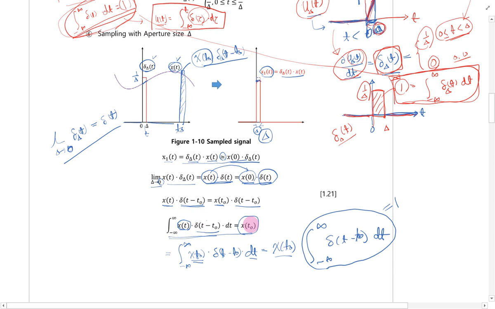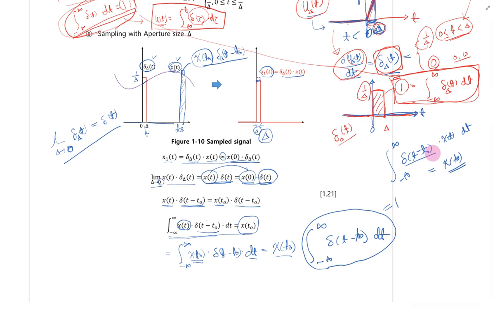If there is any delta function like delta(t minus t0) times x(t), by taking integration over time, this always gives x(t0), the sampled value at t0. So this can work as a sampling function. When we calculate system response, this technique is widely used.